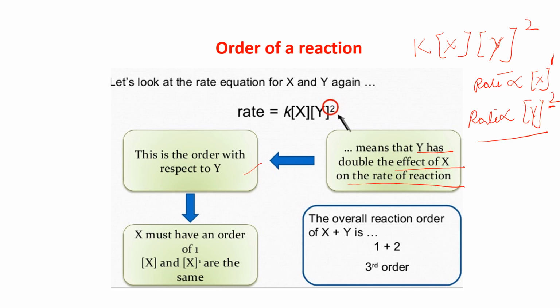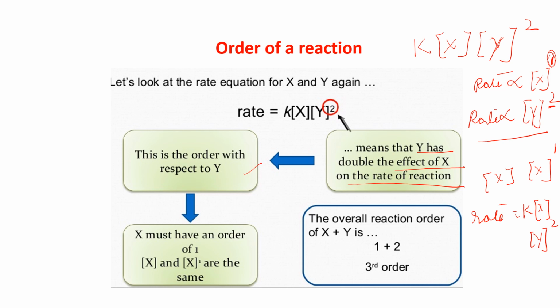And x must have an order of 1 because nothing is written. If I write x or x to the power 1, both are the same, so we are not writing 1. But if I write rate equals k x and y to the power 2, it means the rate depends on x and y.